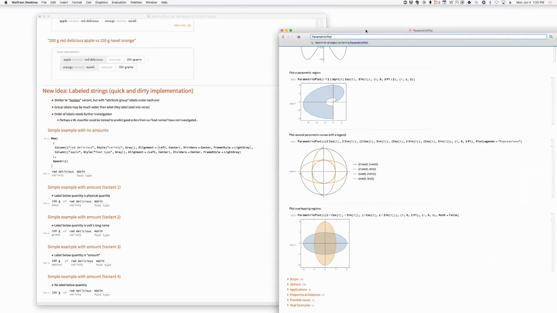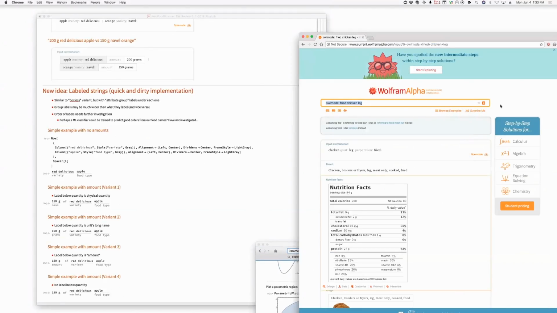But as soon as we're on the chicken leg story, we can't say leg chicken. We have to say fried chicken leg, which is a really weird ordering that we cannot predict easily.